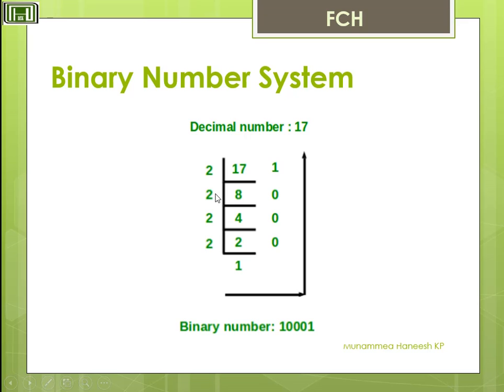Then 8 by 2, result here 4, then 4 by 2, no remainder, so 0, then answer is 2, then 2 by 2 answer is 1, remainder is 0, like this. Then at last you have 1 here, you can't divide 1 by 2, so that is the remainder. From here we count 1 0 0 0 1, which is the binary number 10001.